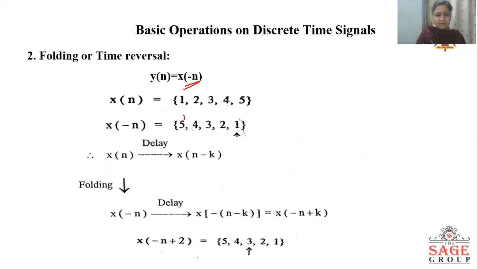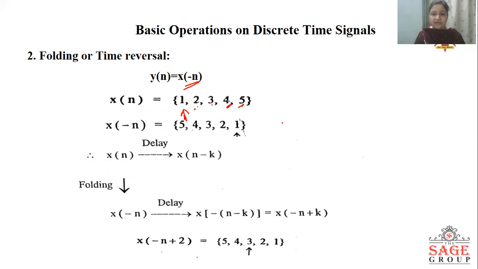That means by default, sample 1 is located at n is equal to 0. That means the arrow is located at sample 1. So this is at n is equal to 0, this is at n is equal to 1, then 2, then 3, and 4.